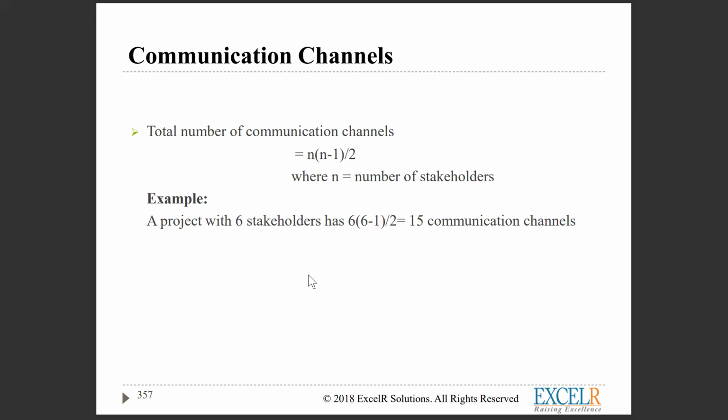You will have weekly communication with each stakeholder, so 6 happen. Then sometimes a bi-weekly meeting will be there, or twice in a week. Then you will have a stakeholder steering communication meeting. These are all kinds of channels.